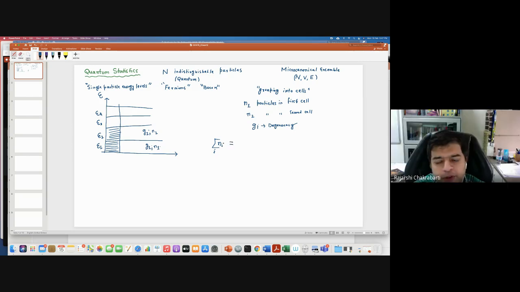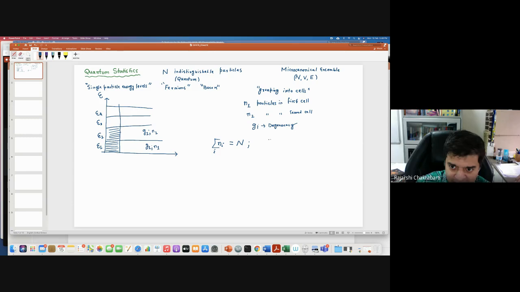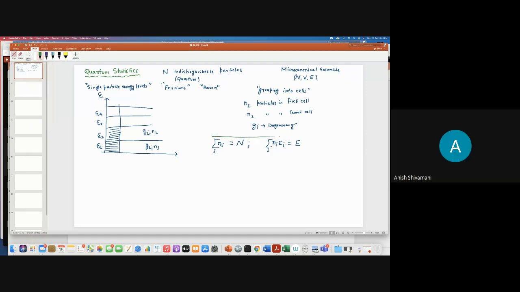N, of course, because the total number is capital N. You should also have another constraint, no? What is that constraint? You know already. Sum over i of Ni epsilon i is going to be E. So these are nice things because these are constraints, and you should follow them. Is this clear?